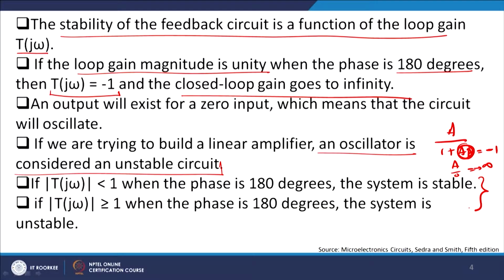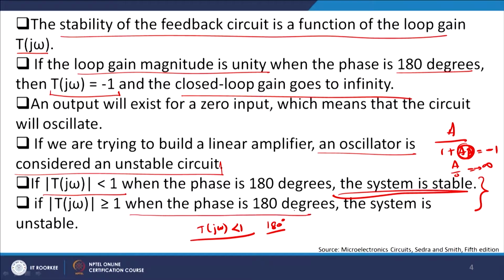Now, to sum up all these discussions, these 2 points are very important. Whenever my T of j omega is less than 1 and the phase is 180 degrees, right, then the system is stable. So, whenever it is less than 1, A upon 1 plus A beta, that is AF, will be less than A, and the system will be stable.